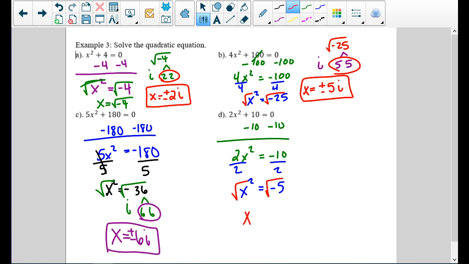So x equals plus and minus, take out the i, 5 is prime, so just leave it in the square root: plus or minus i square root of 5.